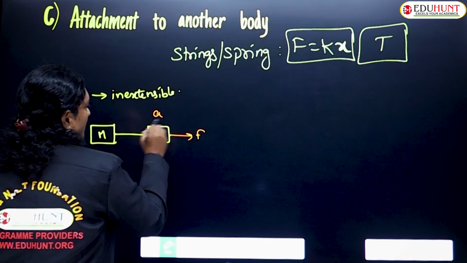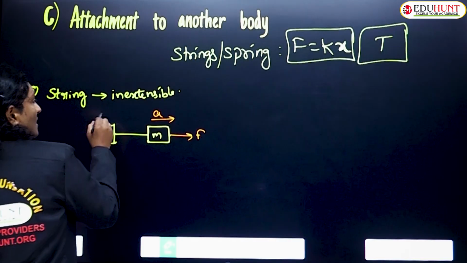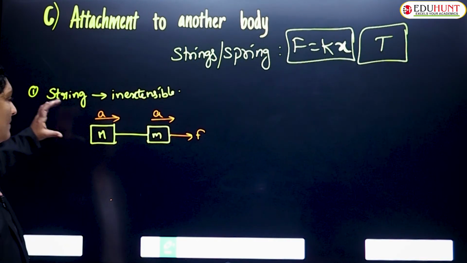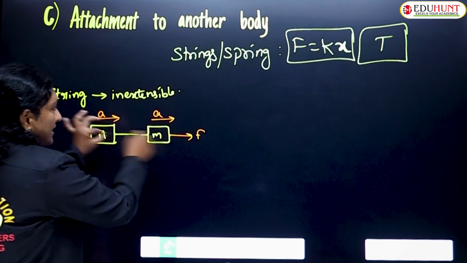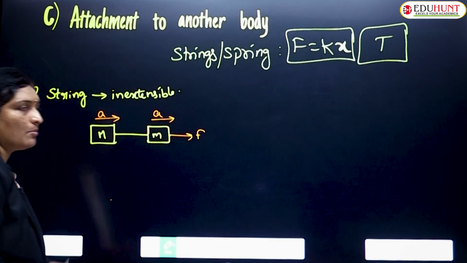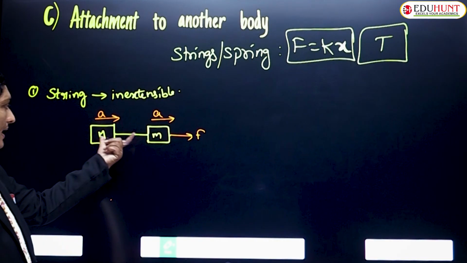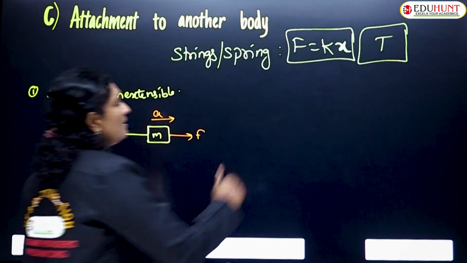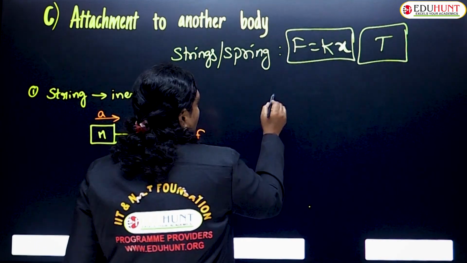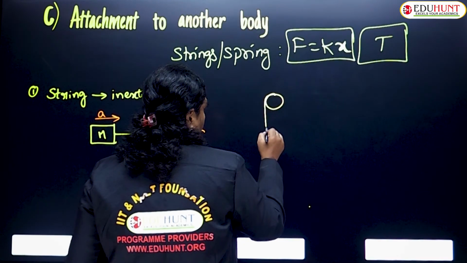No doubt the body will move with some acceleration, and the other body will also move with the same acceleration. So if the string is not extensible, then the acceleration of both bodies will be the same. You can consider this example, or even another example with the help of a pulley.